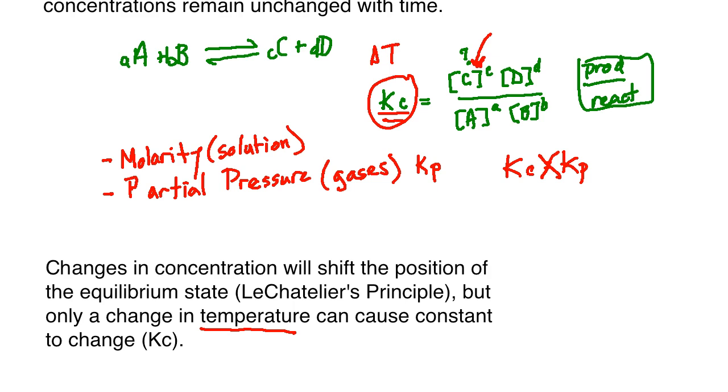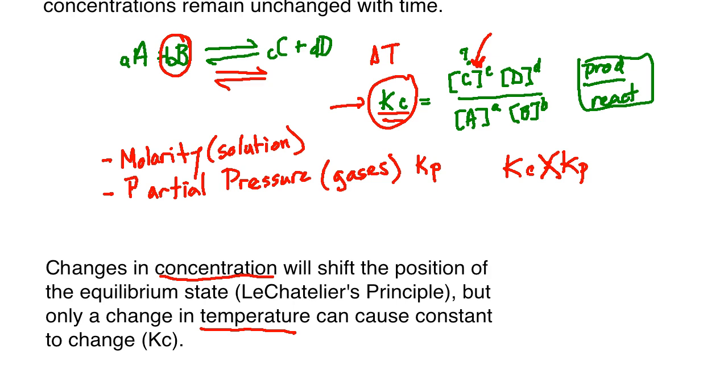If I change the concentration, a change in concentration will shift this reaction either forward or backwards. There will be a change. The equilibrium state will be disrupted. However, it will reestablish its equilibrium so that it comes back to Kc at a given temperature. So if I keep the temperature steady, say, 25 degrees, and then all of a sudden I dump a whole bunch of reactant B into the system when it was originally in equilibrium, it's going to shift itself in order to reestablish this constant.